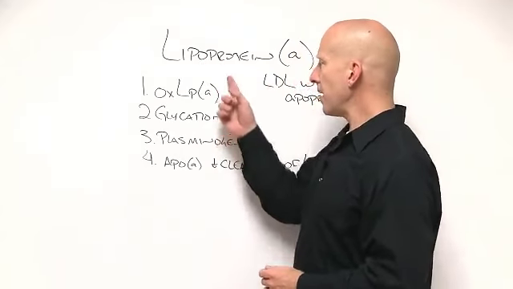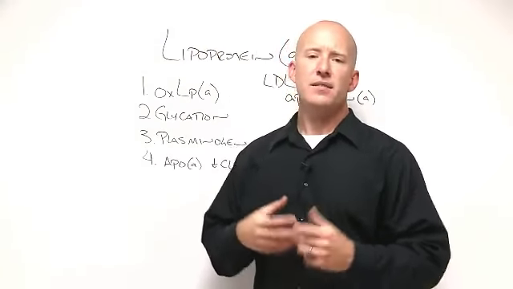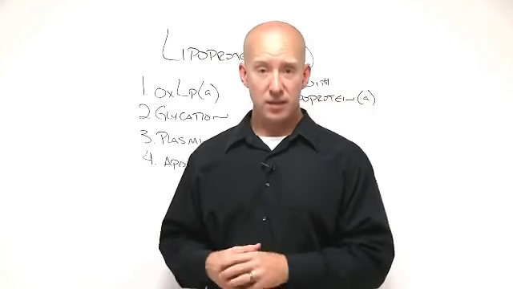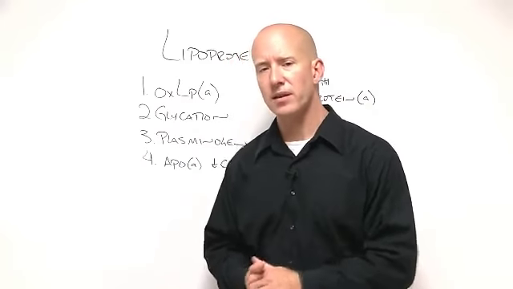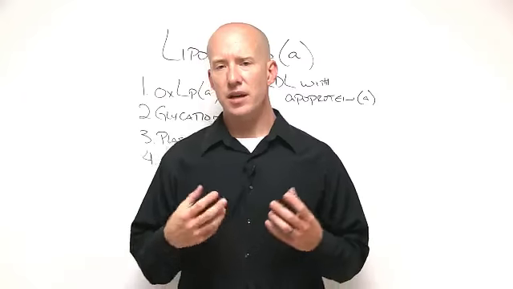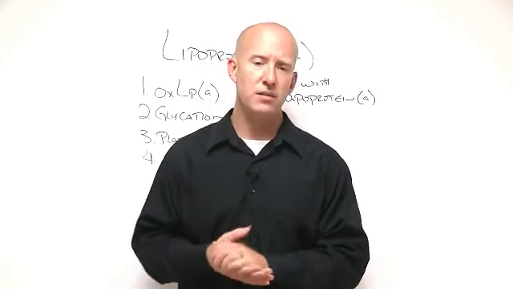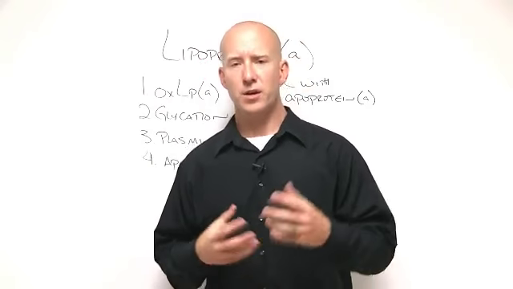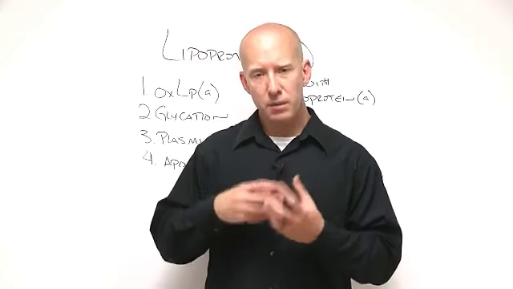But in addition to that, the protein that's associated with lipoprotein a seems to be glycated or glycosylated more readily than the proteins with some of these other lipoproteins. Now, glycosylation or glycation is essentially the combining of a protein and a sugar. To be honest, it's very much like when you caramelize onions in the kitchen, that you're combining a sugar and a protein, and that protein becomes glycated.